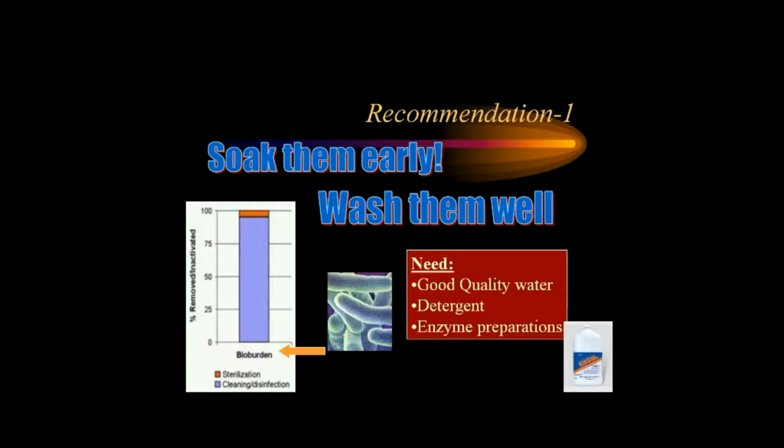So as soon as the surgery is over, we need to put the instruments in warm water with a soap solution like Savlon. Then you take them to the washing area. Use good quality water and a detergent, preferably with an enzyme preparation, because washing takes away close to 90 to 95% of the bioburden. We should not rely only on sterilization to do the job of eradicating the germs.